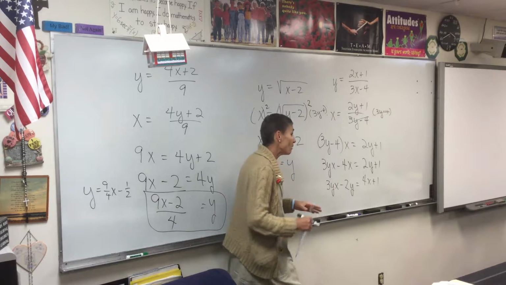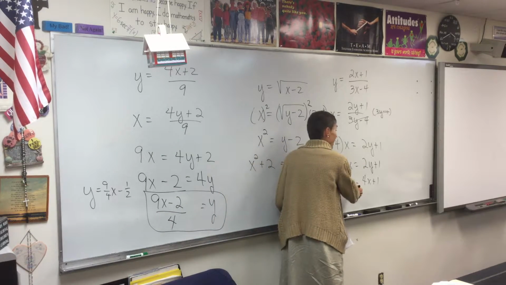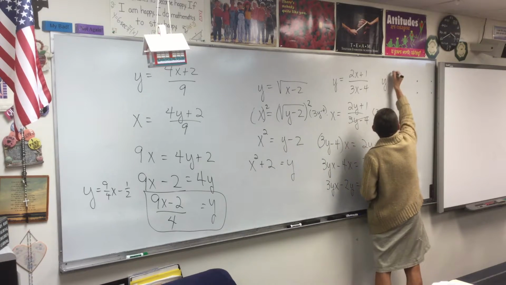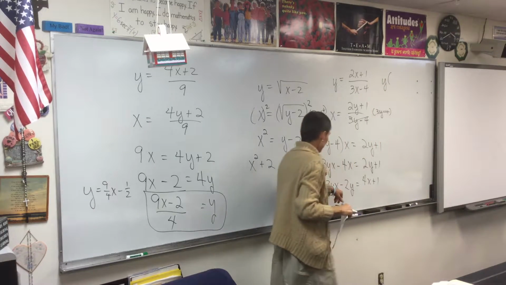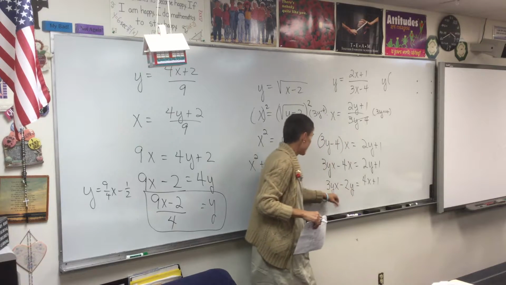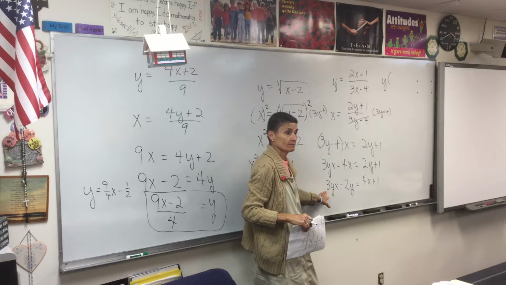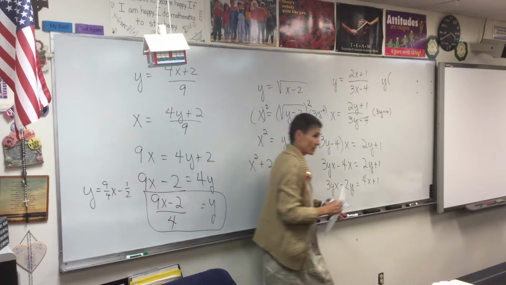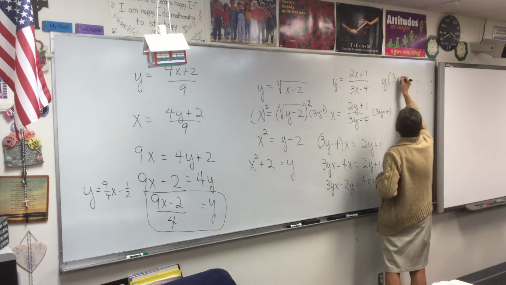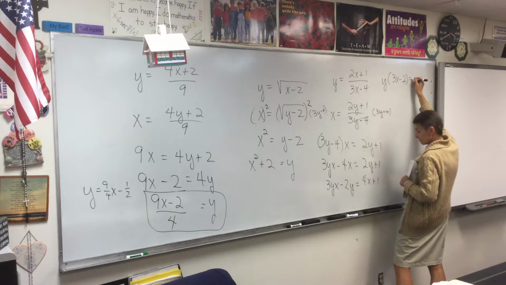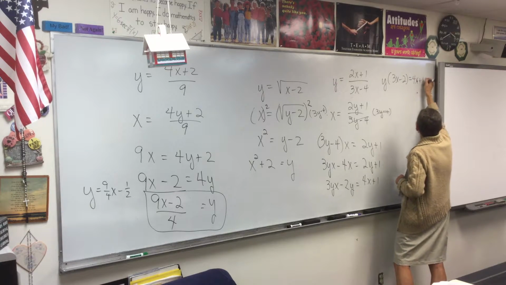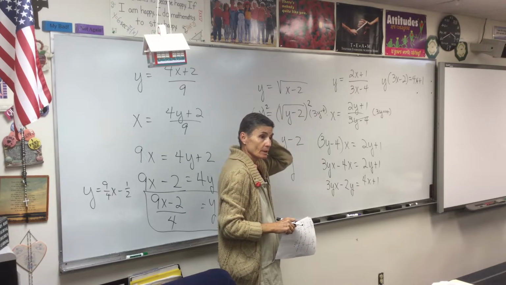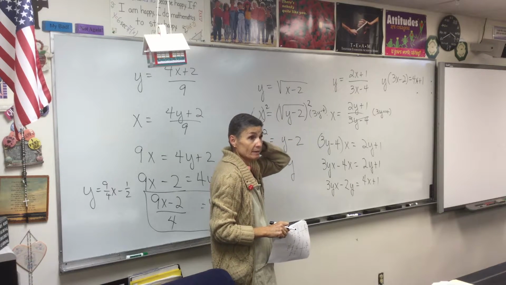Okay, now that I have them on the same side, I'm going to factor out the y. Now, if I factor out the y, what am I going to have left? If I take out the y, 3x minus 2. Now I'm going to divide.